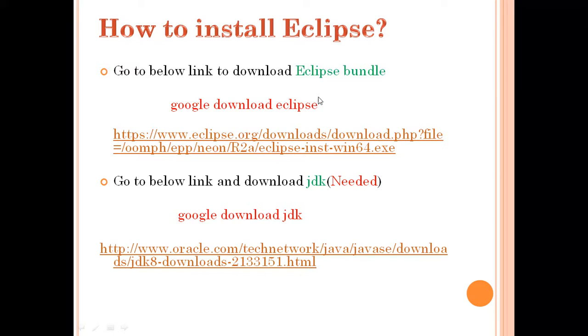Go to the link below to download Eclipse, or you can also Google download Eclipse. I will show you how to install the Eclipse bundle on your PC, and you also need the JDK to support Eclipse or even Android Studio.